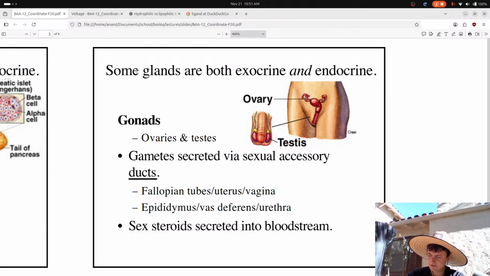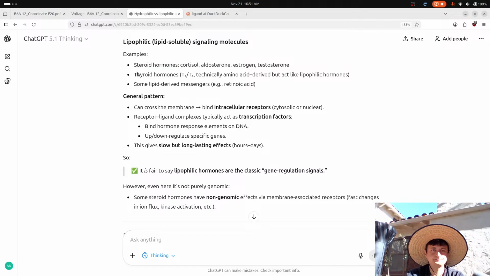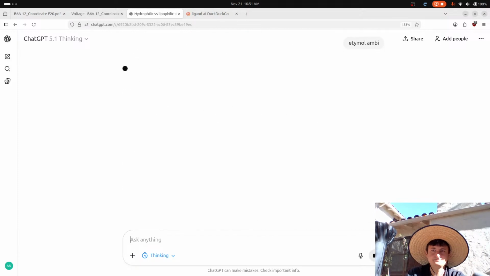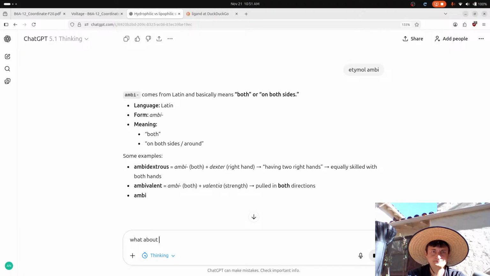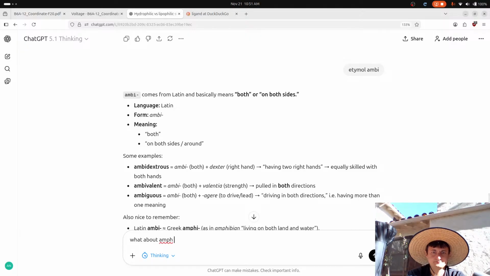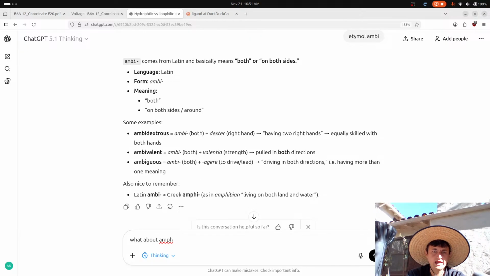Gonads also. I'm going to make a new word, ambicrine. Ambi means both, I think. No, is it amph? Oh, amph.